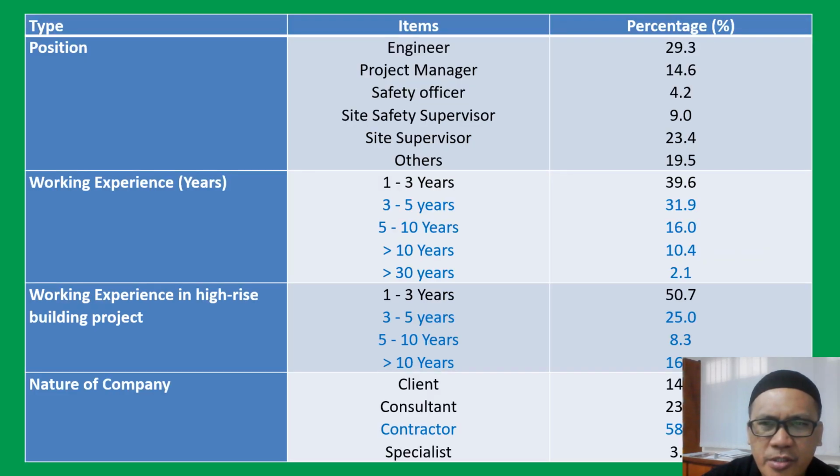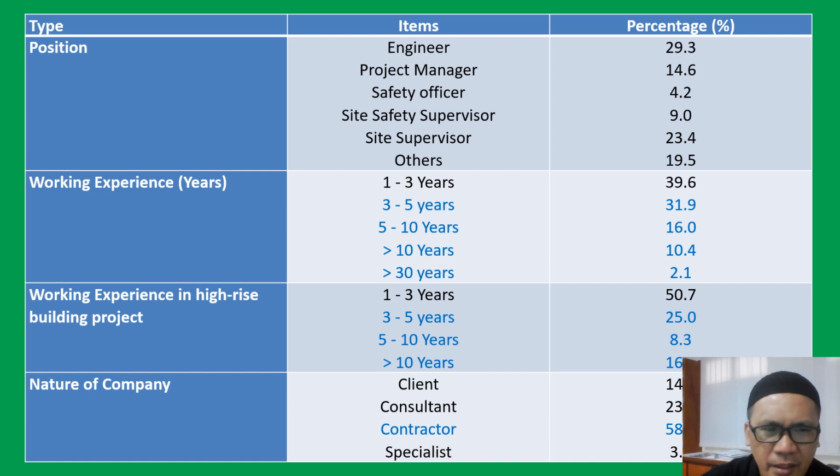The position of respondents is from engineers, 29.3%, and then some from site supervisors, 23.4%. And then we look at their working experience. 1 to 3 years is 39.6%, and then the rest have 3 to 5 years.